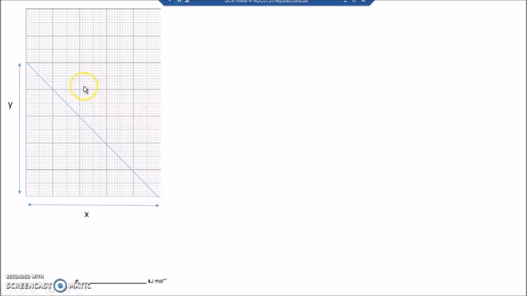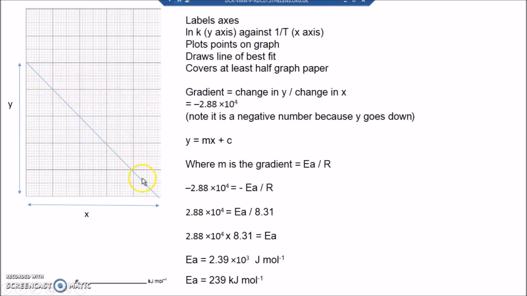And then you should end up with a graph that looks a bit like this. It will come down, it'll be a straight line as long as you label your axis. Put natural log of k up the y-axis and 1 over T along the bottom axis. You plot your points accurately, draw a line of best fit through the points, and it covers at least half the graph paper. You'll get your marks for drawing your graph.